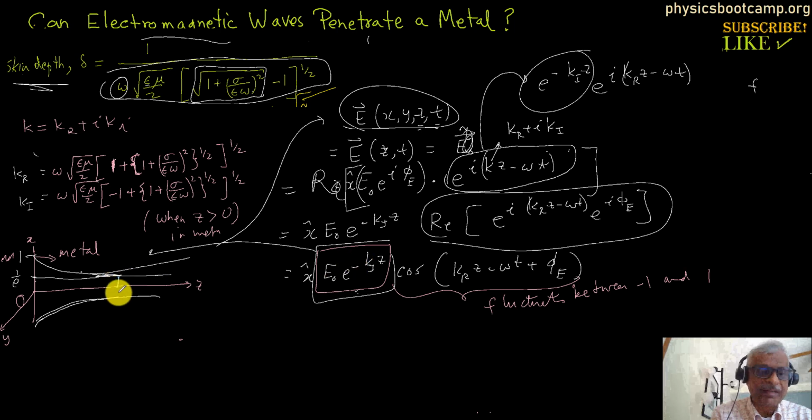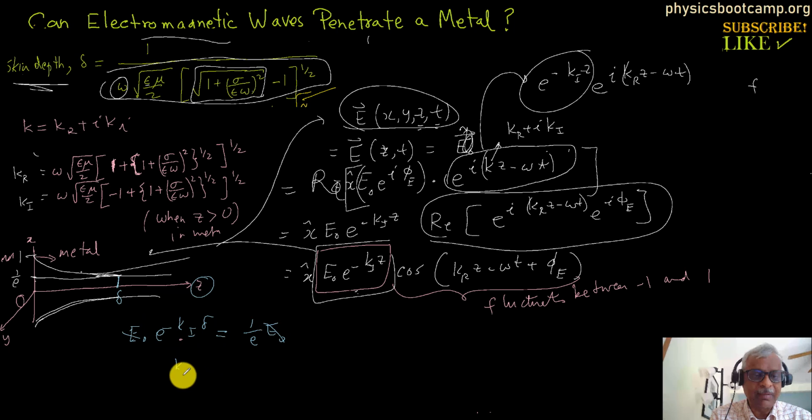Let's call that distance delta, which is d. So at z equal to delta, E0 e to the minus k_i delta becomes 1 over e of E0. So of course E0 goes away, and so k_i delta equals 1.